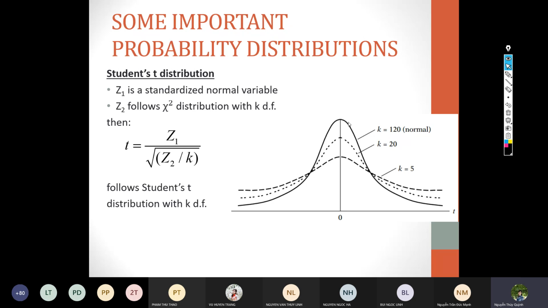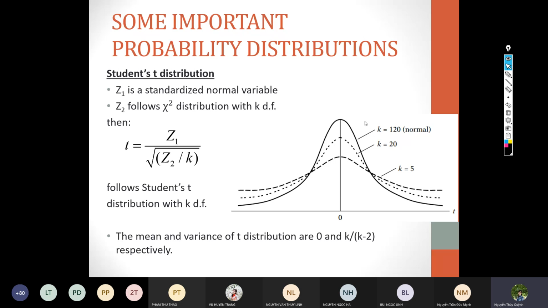The t distribution has a mean of 0 and a variance of k divided by k minus 2. This is also derived from some mathematical techniques.